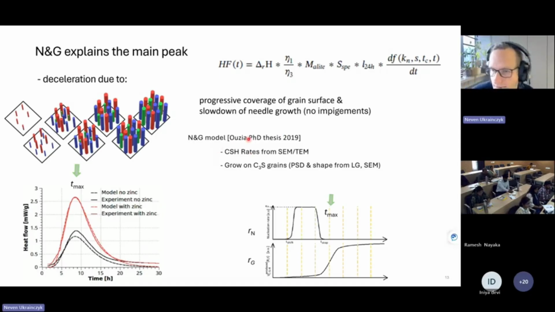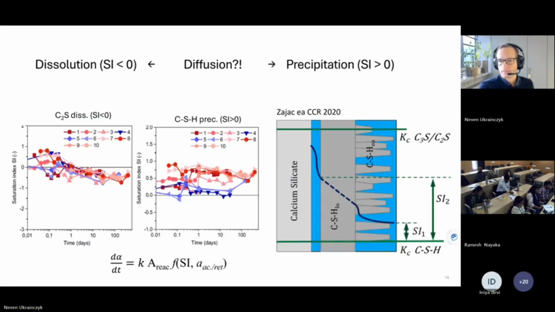You can find more details in this paper, and there is one more paper from Scrivener, I think I cited it later, where she makes a review of the hydration models. But I would argue that there is always diffusion, of course, because even the solution has a diffusion, and the precipitation has a diffusion, because if this is a cement surface, you have the inner CSH, outer CSH, lower density.